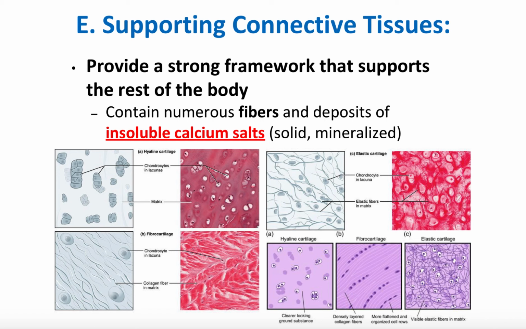All right, so in this strong framework, there's lots and lots of fibers, and generally speaking, there's a large deposit of calcium salts, especially if it's bone, because bone is very hard and solid, so it has a lot of calcium. Cartilage, not as much calcium, though it can gain calcium over time and even potentially turn to bone in some cases. Not always, but sometimes.